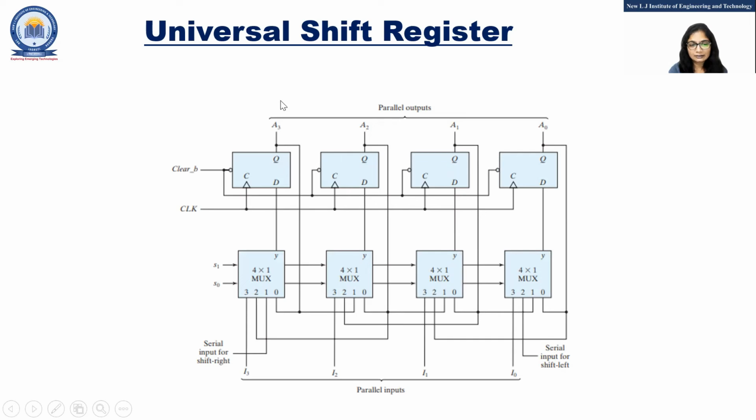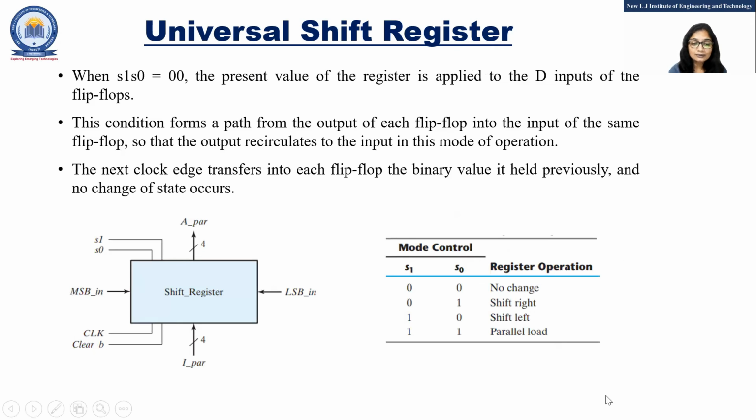So either we can collect this data simultaneously, or if I want to shift the data, then I will use that control mode. So this is the universal shift register. In this register, we are using a common circuit, but 4 operations we can perform. Only one of the operations can be performed at a time, and that depends on the control mode signal. If it is 0, 0, there is no change.